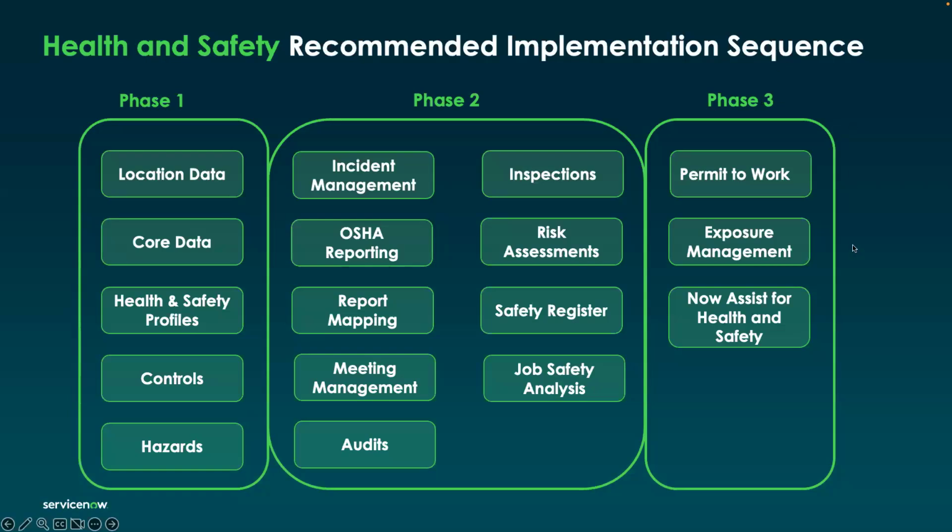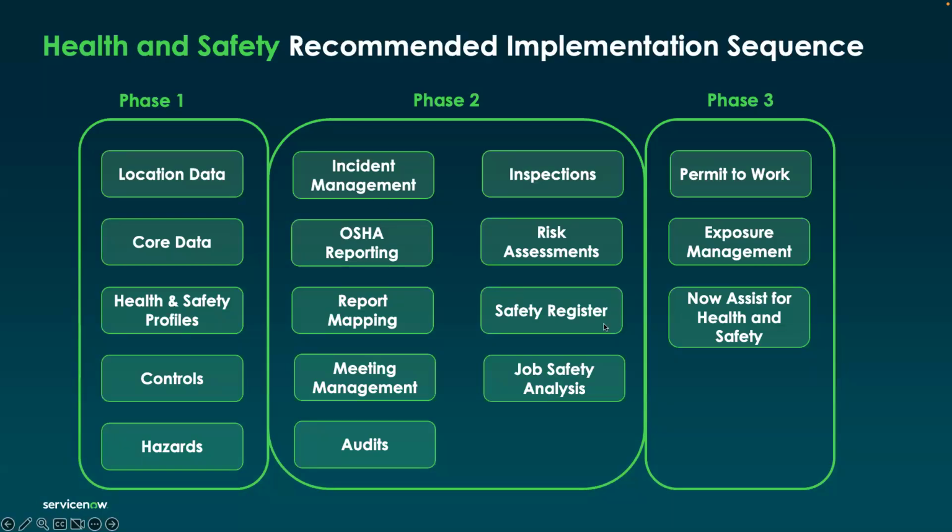And then we have phase three. The reason I put phase three over here is these will be dependent on information that is input in here. Permit to work does reference inspections, risk assessments, safety register, and JSA. If you have nothing within these tables, or you're not using them, permit to work just won't reference that information. Same thing for exposure management, as well as Now Assist for health and safety.